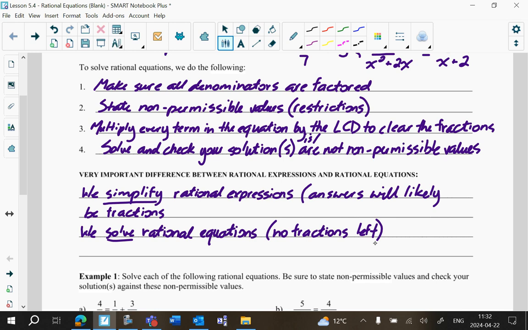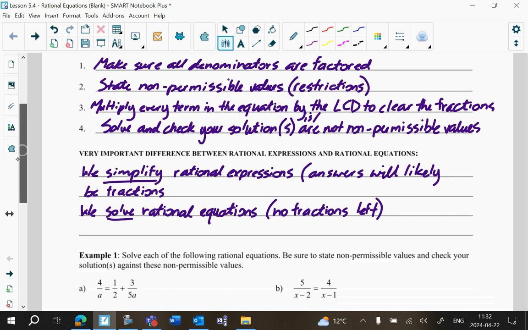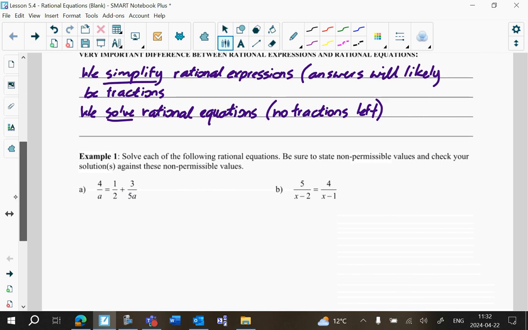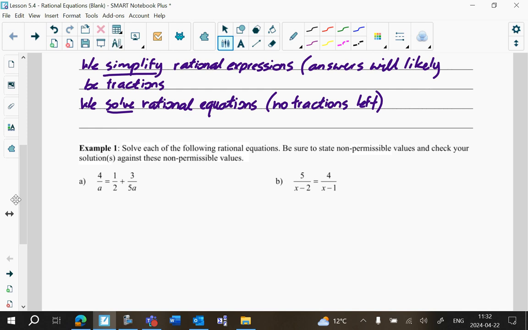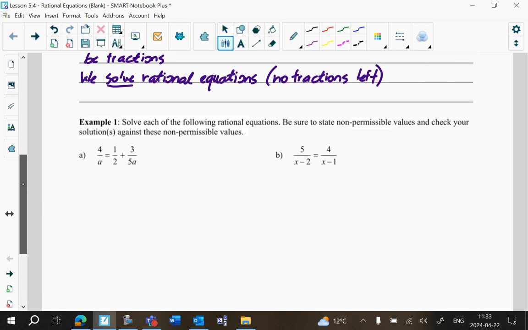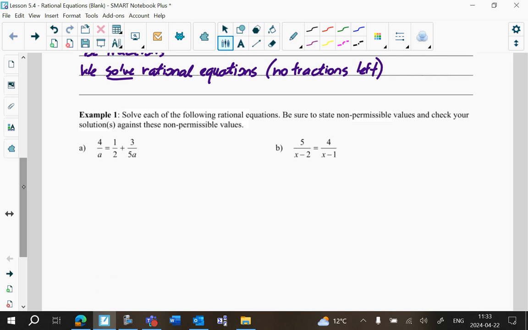Okay, so let's look at a few. So in A, we are solving for A. It's a rational equation. How can you tell it is a rational equation? Well, it's got an equal sign sort of in the middle of it.